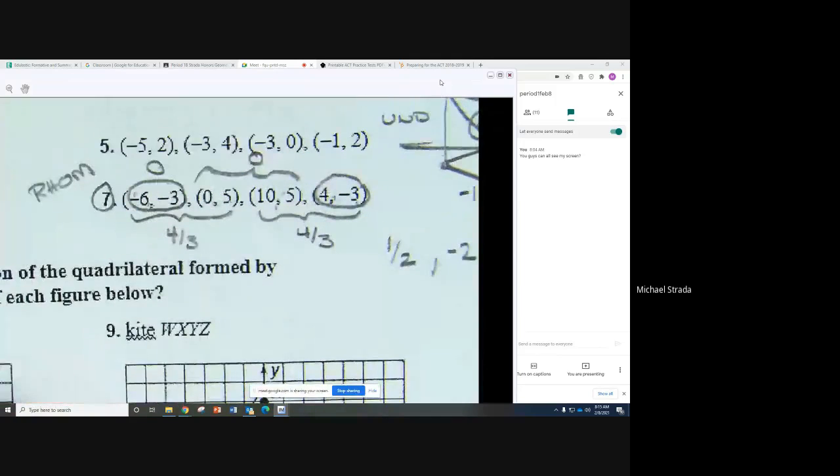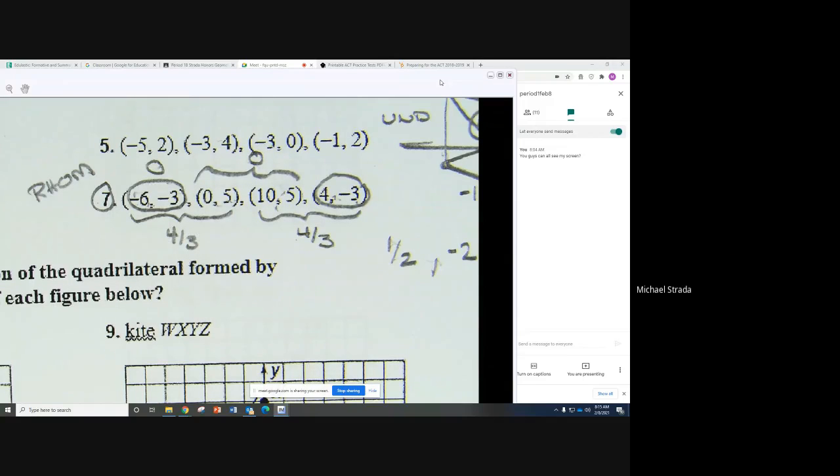If you want to use distance formula instead, feel free. It's up to you, whatever's better for you. So basically, we'll talk to you about this later in the week, but when you take the quiz, there'll be a box where you enter either the distances or the slopes.